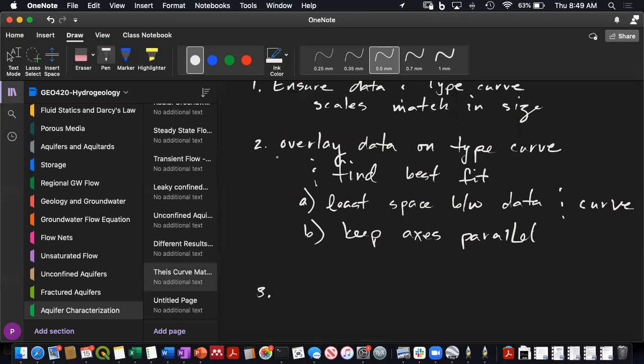All right, once we do this, we're going to pick a match point. And that's what I just did. It can be any point on those two graphs. The point has to be on both of the graphs. All right, but it can be any point on those two graphs.